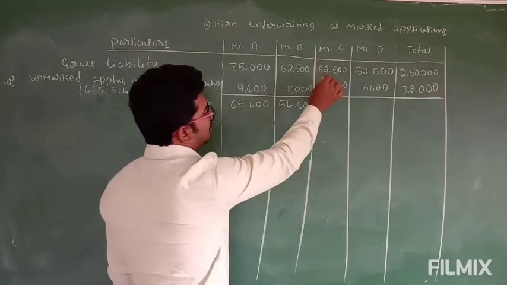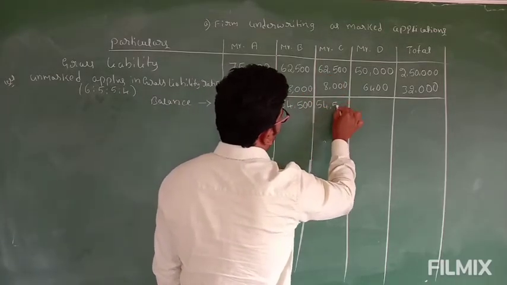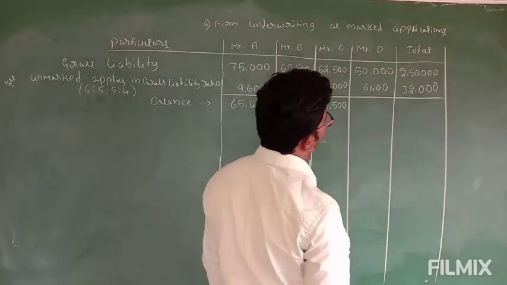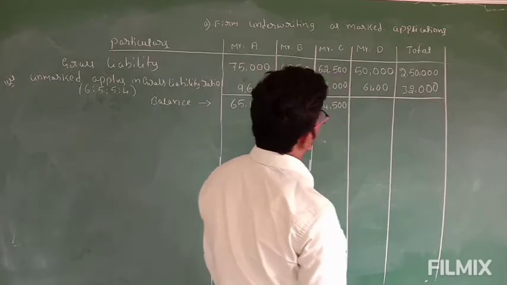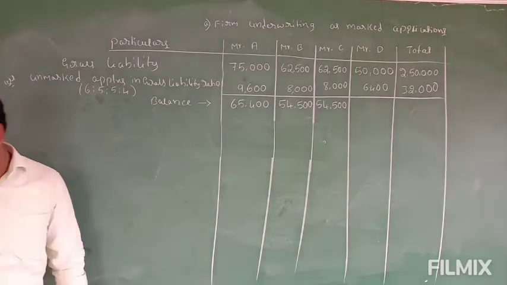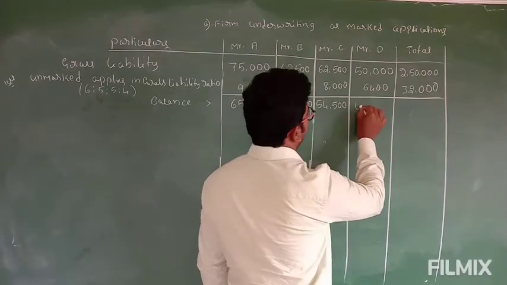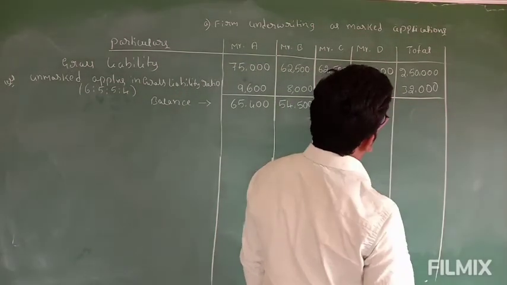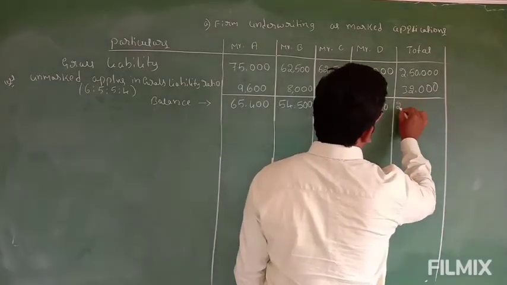So 62,500 minus 8,000 again we will get 54,500. So 50,000 minus 6,400 will get 43,600. So 2 lakh minus 32,000, so 2,18,000.